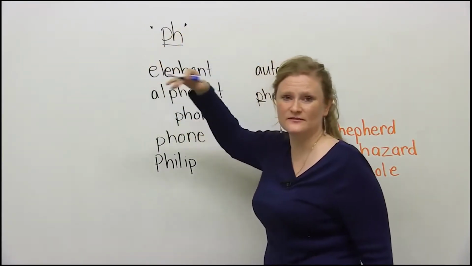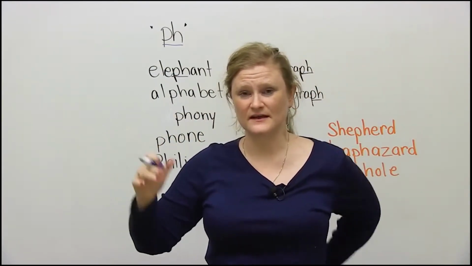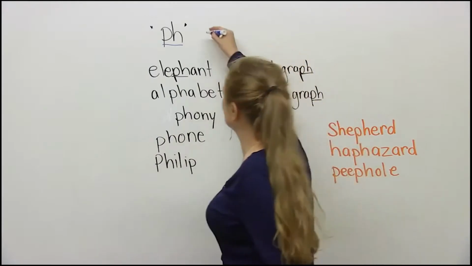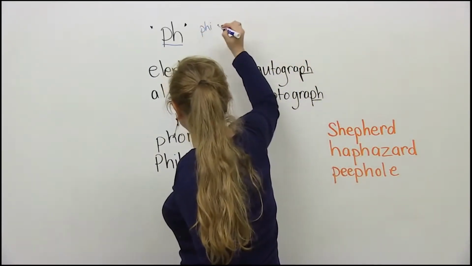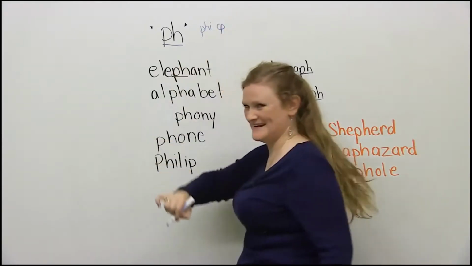This letter combination of the P and the H actually comes from the Greek language, and it was originally in Greek, PHI. I can't write Greek, but it might look like that.